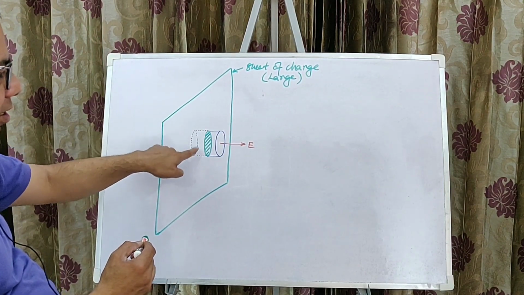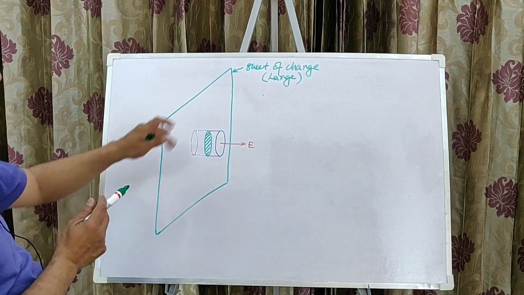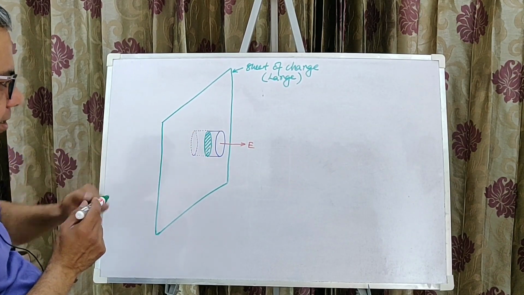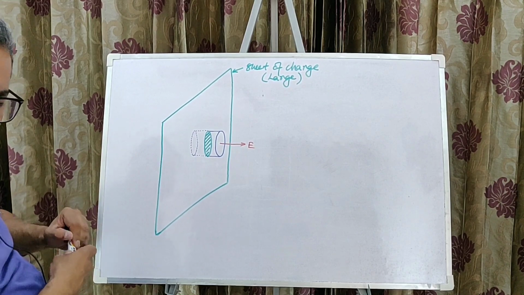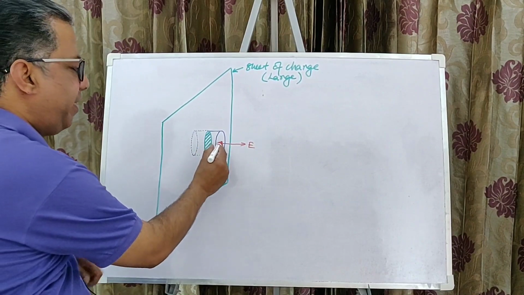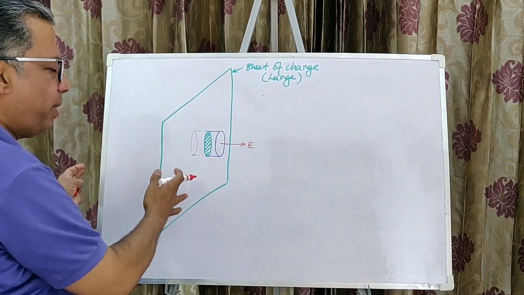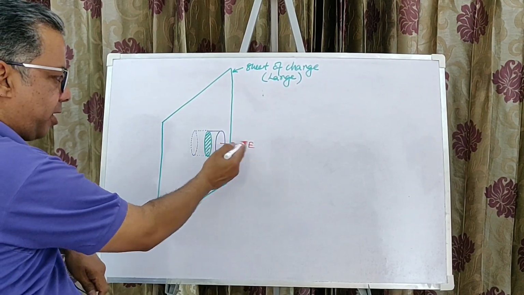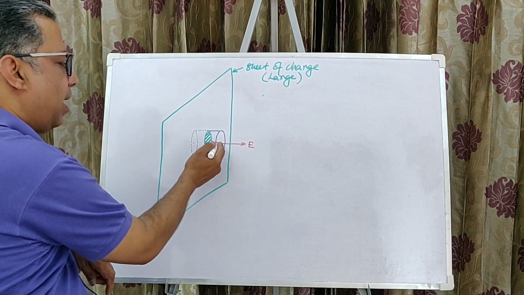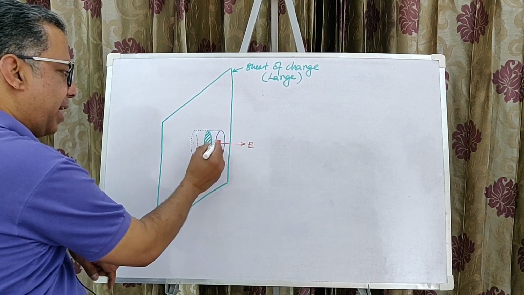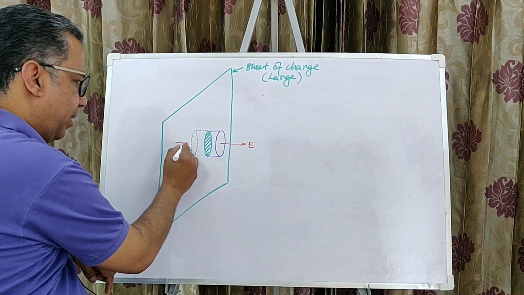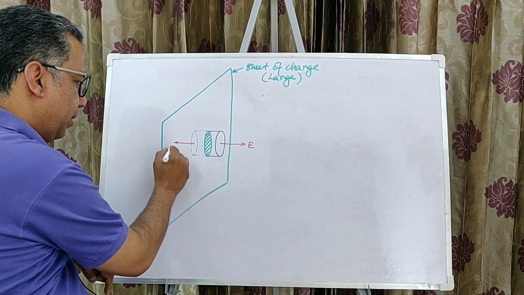This green shading represents the part of this sheet of charge that is enclosed inside our Gaussian surface. Now, the electric field is directed normally, that is perpendicular to the sheet of charge over here, as well as over here on the other flat surface. The cylinder has two flat surfaces, one here and one here. The electric field here as well will be this way.